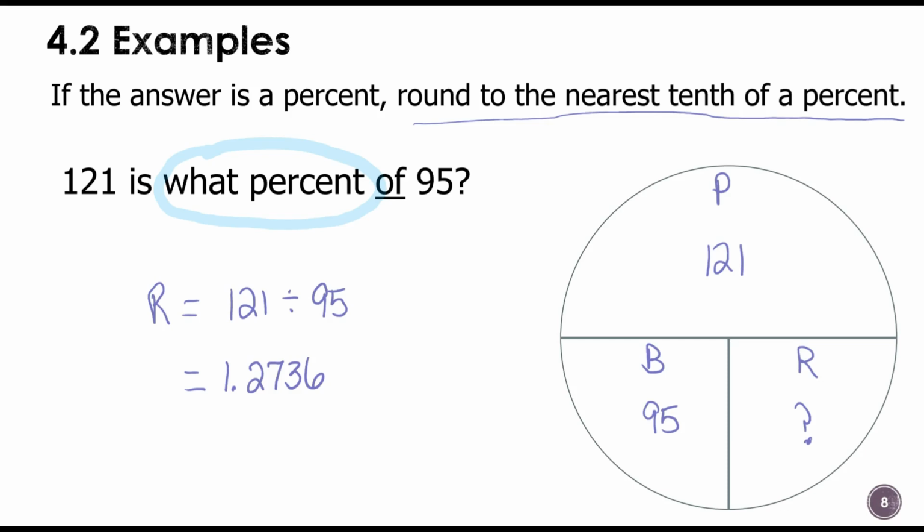First of all, let me just rewrite this as a percent. So that's 127.36%. Remember, we learned this in the first lesson. We move the decimal 2 places to the right, or multiply by 100 and put the percent symbol.